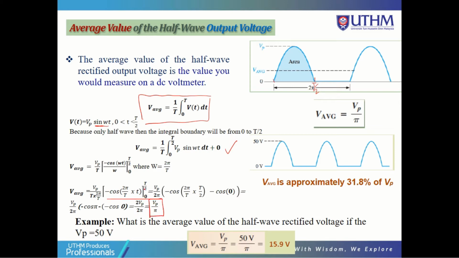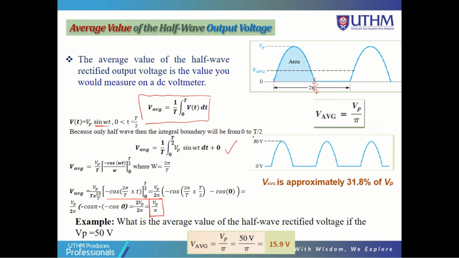Ni you try lah, kira mana dah tahu ada soalan dia suruh proof the average of the half wave output voltage is Vp over pi. So you kena proof, you kena guna yang ni lah. Okay, so Vp over pi untuk half wave rectifier.